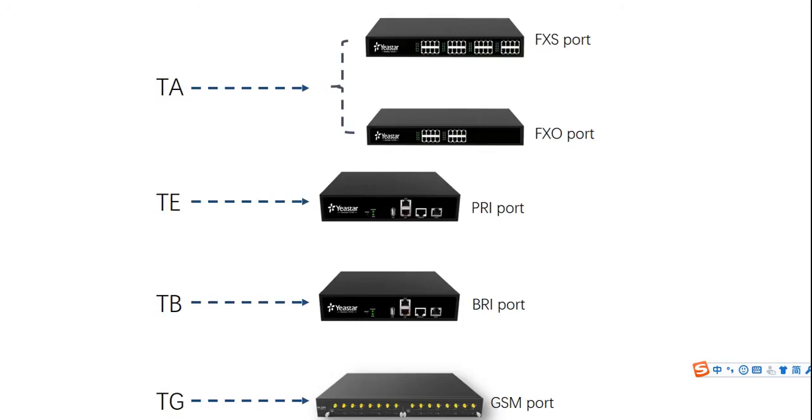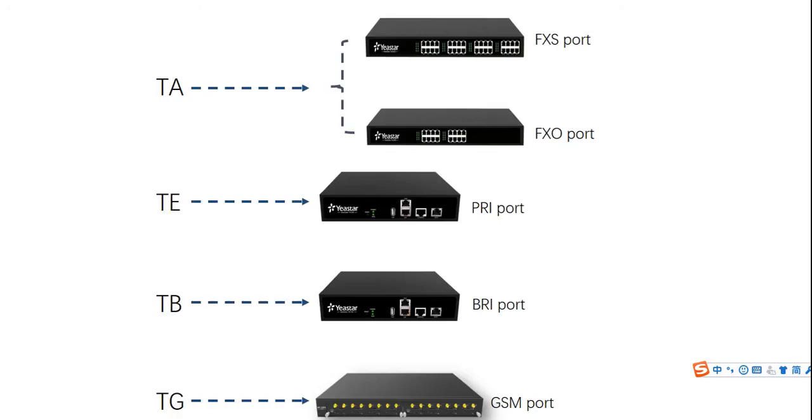I'd like to firstly take just a few minutes to explain how the gateway works. But I believe most of you guys already know that. As you can see, all of our gateways can realize transcode between SIP and other signals, for example, with analog, with E1, with BRI, or with GSM.